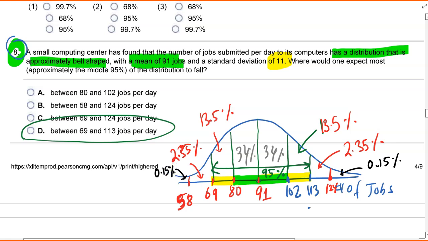Notice that this is common for any bell-shaped distribution. If the distribution is approximately bell-shaped, we can use the empirical rule. That's the standard for any bell-shaped distribution. Okay, this number, 34% here, 13.5%, 13.5% here, 2.35%, 2.35% here, 0.15%, 0.15% here is standard.